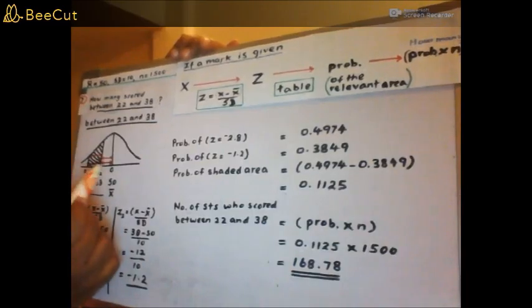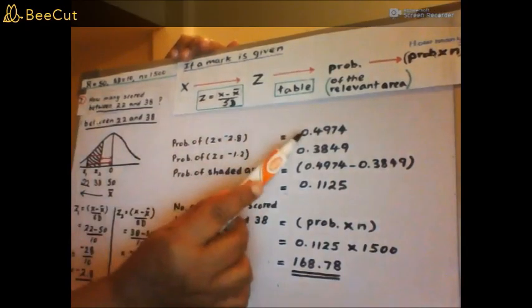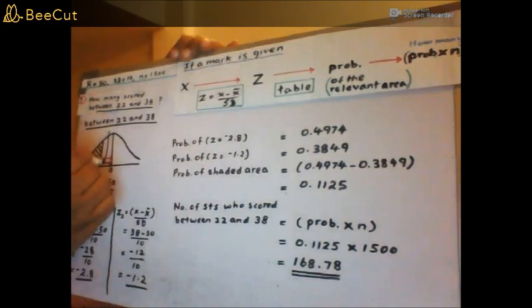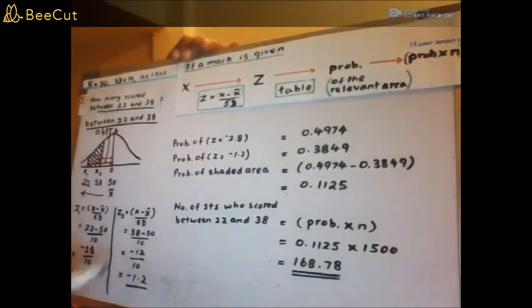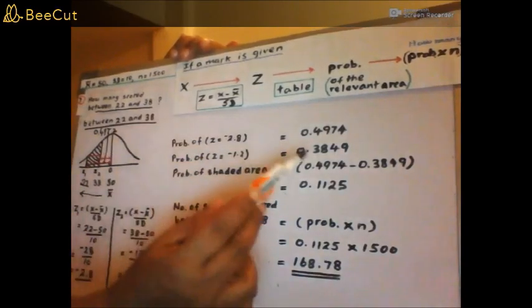So we can find the probability of this area from the table, and that is 0.4972. We can write it like this, 0.4972. And then we have to find the probability of this area because we know Z2, it is minus 1.2.